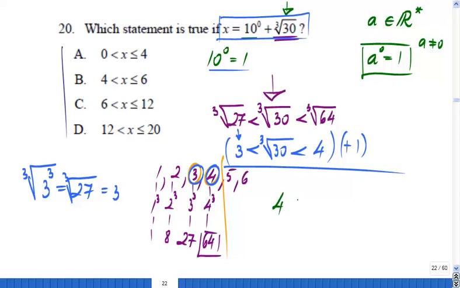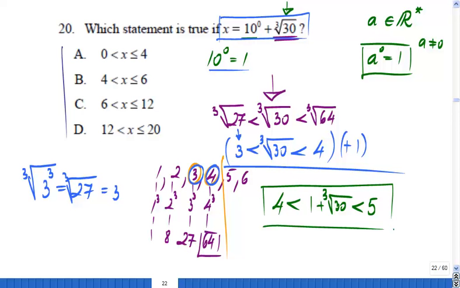Well, 3 plus 1 is going to be 4. The inequality sign does not change, right? The inequality sign changes only when you multiply or divide by a negative number. Here I will have 1 plus cubic root of 30, which should be less than 4 plus 1, which is 5, right? And this statement will help me find the right answer.